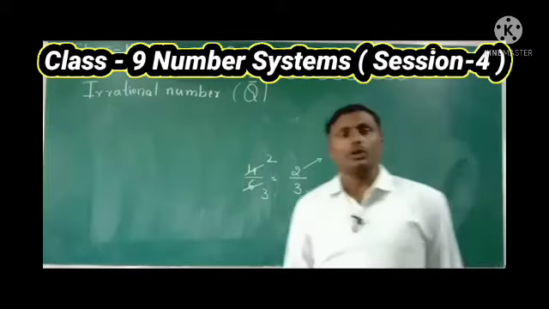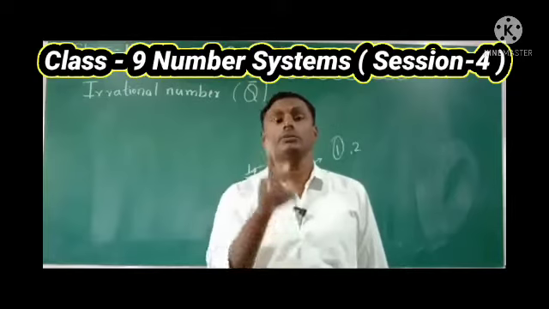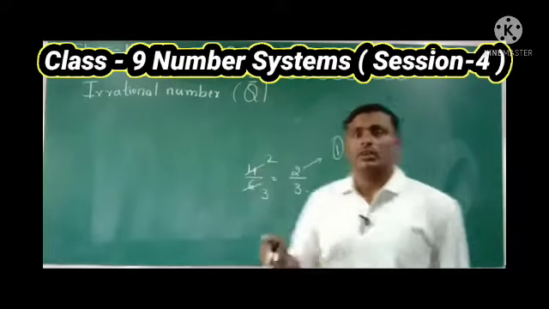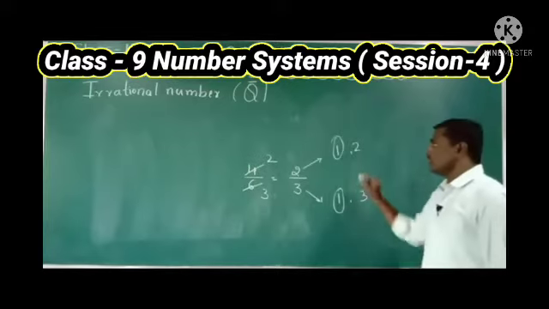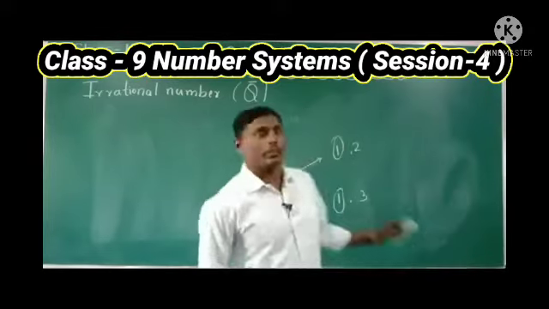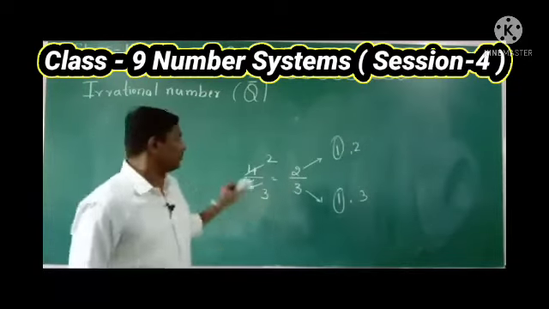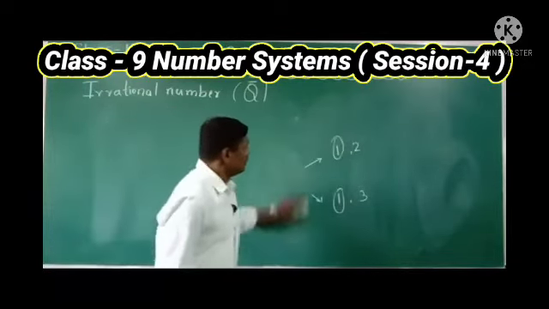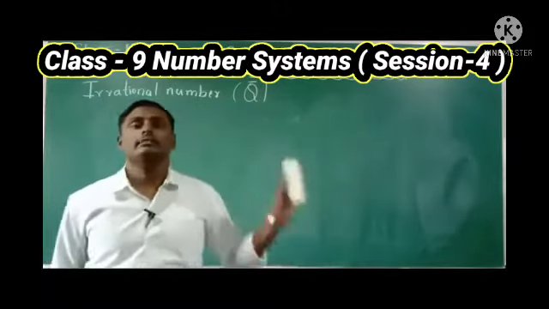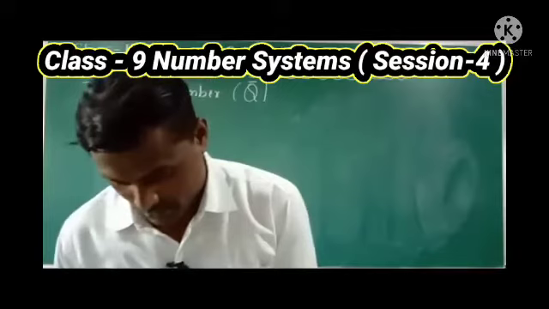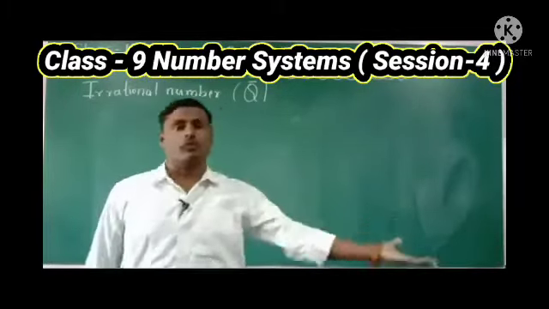So if two numbers have 1 as the common factor, or the HCF of the two numbers is 1, then we call them co-prime numbers. So in a rational number, the numerator and denominator are co-prime numbers. In irrational numbers, these numbers are not co-primes. It means we have one more factor other than 1.